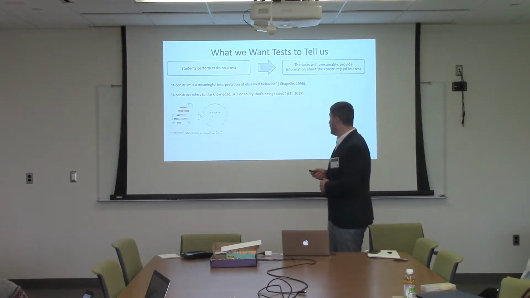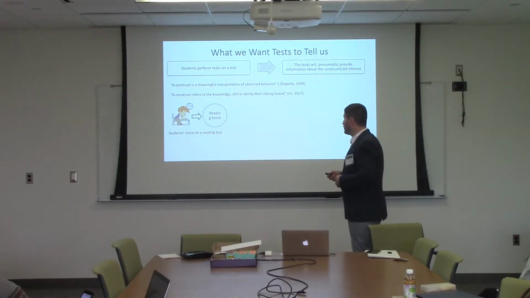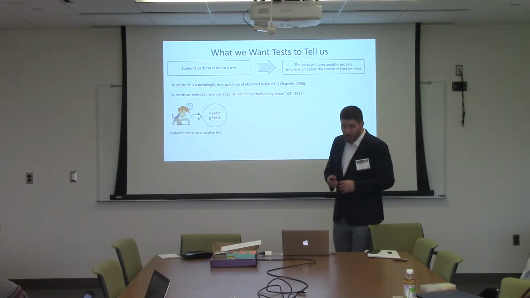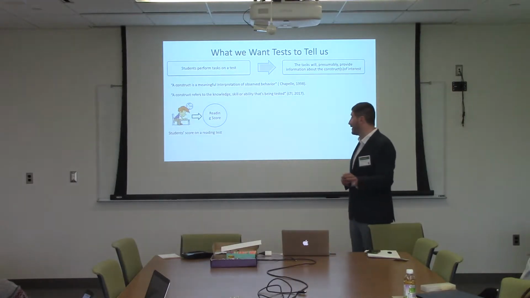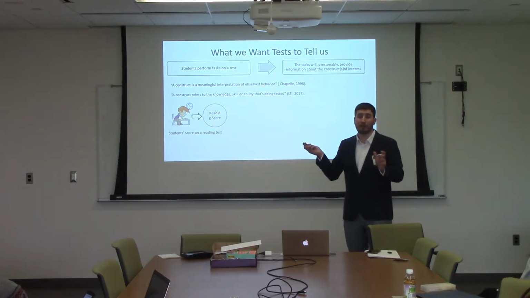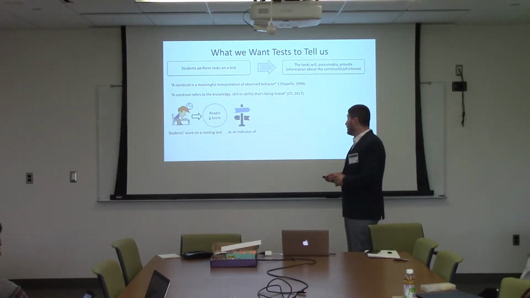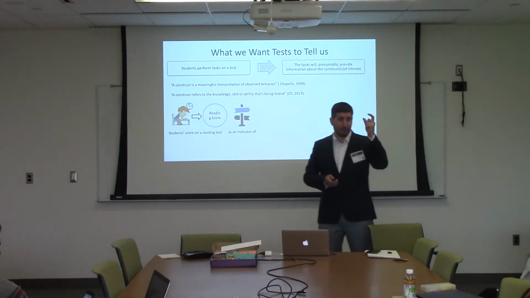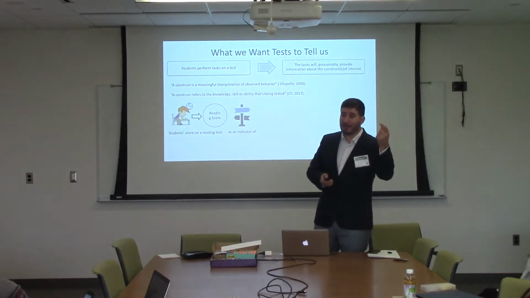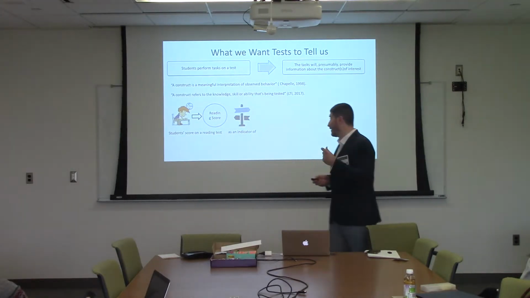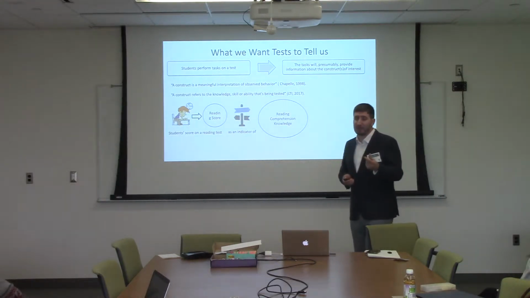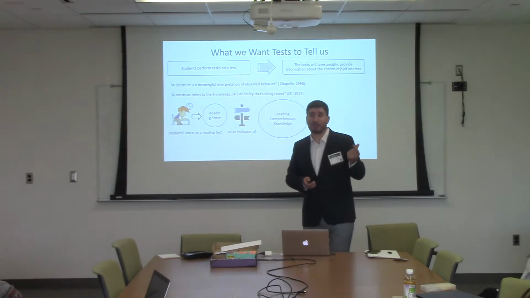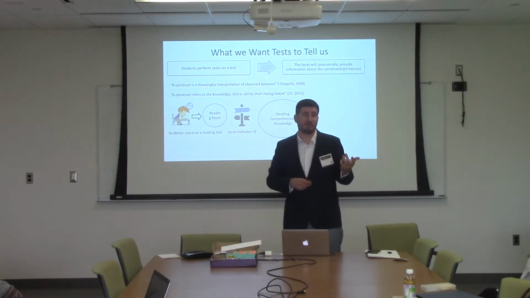Okay? So think of a student's score on a reading test. Students sit down for a test, taking a reading exam, and he or she gets a score. This score, it could be A, it could be 80, 90, whatever you're using, is an indicator of what? Reading comprehension knowledge, right? That's what we claim. That's what we are testing.